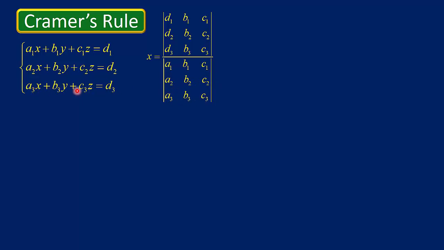If we're trying to solve for x, I'm going to replace the column of the x's with D1, D2, D3. And the rest looks the same as the bottom. The b's and c's are still there, but where I'm trying to solve for the x's, I replace those numbers with these numbers over here.